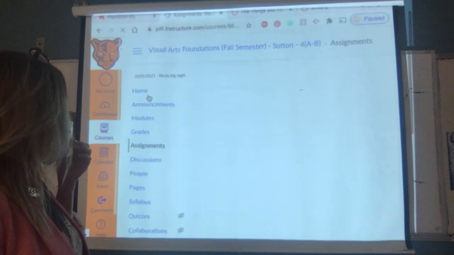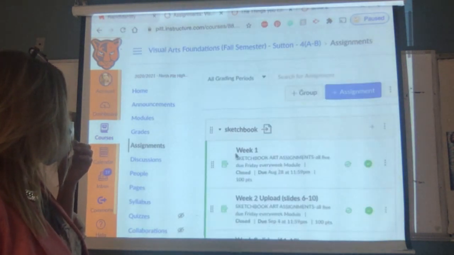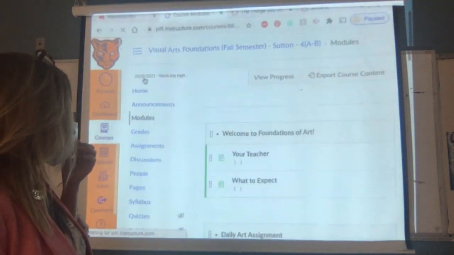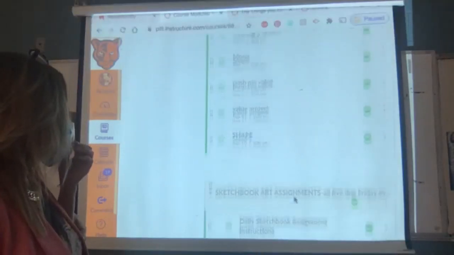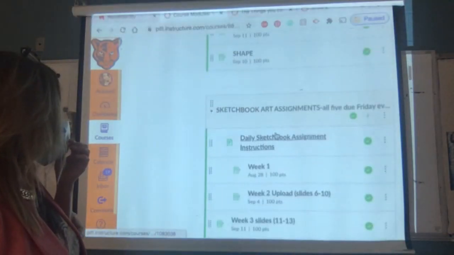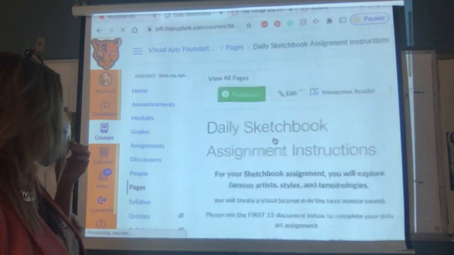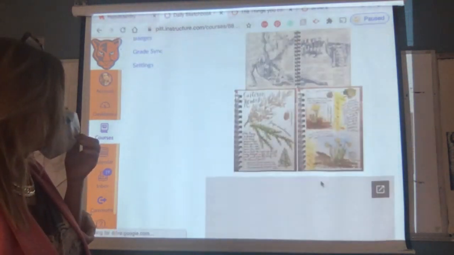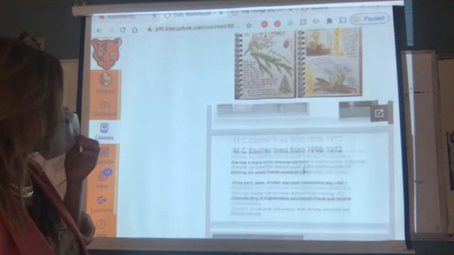Then also every day you are doing your sketchbook assignments, and your assignments are always right here in this instruction. This is where your PowerPoint is. So this is where you need to go every day for your sketch assignment, and you have 2 slides that you do each day.